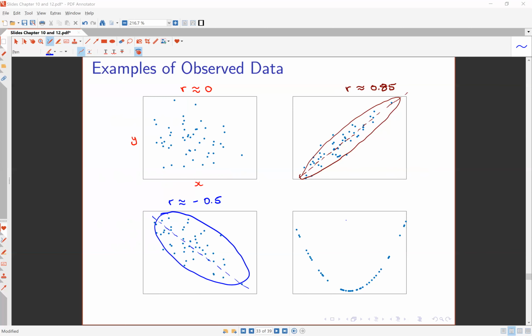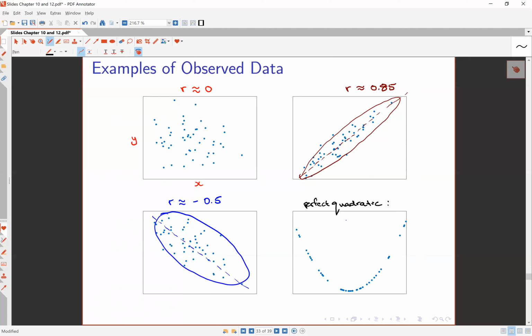And then finally, the last figure here, these points follow a perfect quadratic relationship. Looking at the figure, no one is going to argue with you that there is a nearly perfect or a perfect relationship between these two variables.